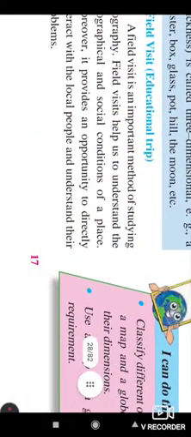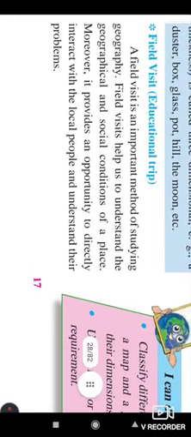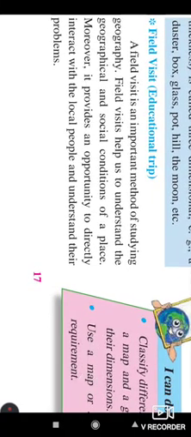Let us start with the reading. A field visit is an important method of studying geography. Field visit helps us to understand the geographical and social conditions of the places.